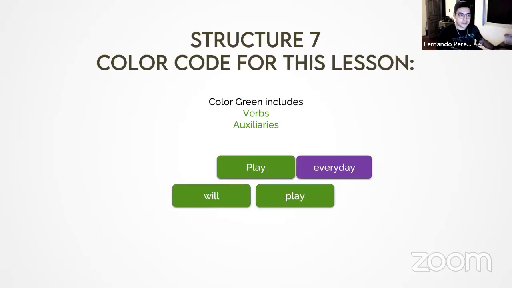There is a match, right? In this case, play plus every day, perfect match. But if you say I will play and you say every day, whoopsie daisy. This is actually incorrect.